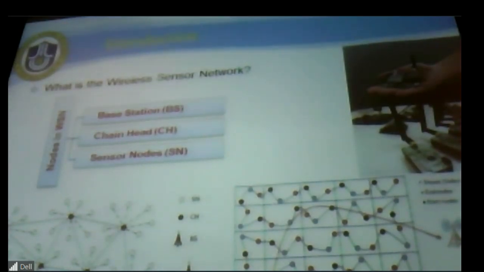These nodes can play three roles in this environment. A node may be a base station, a chain head, or a sensor node. The sensor nodes' role is collecting data from the environment. The chain head, or cluster head, is responsible for collecting the data from the sensor nodes and delivering it to the base station.